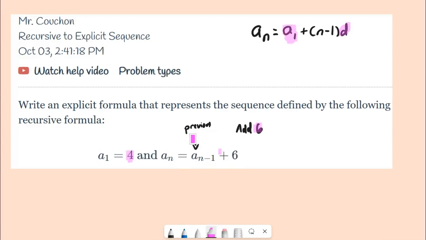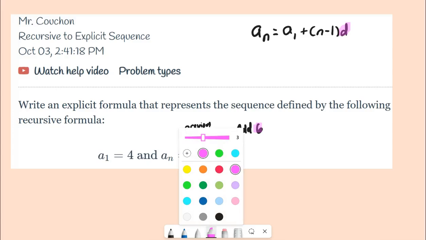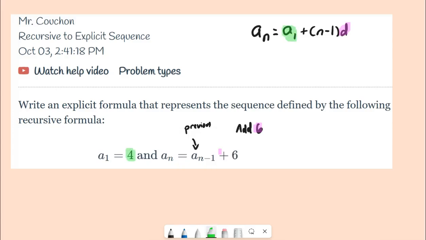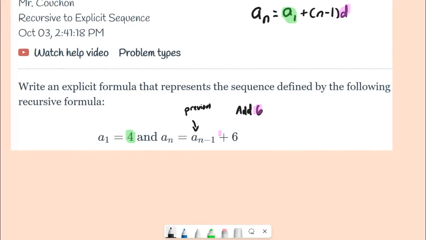4 is our A1. There we go. A sub 1. Now, let's just plug that in. So A sub n equals 4 plus n minus 1 times the common difference, which is 6.